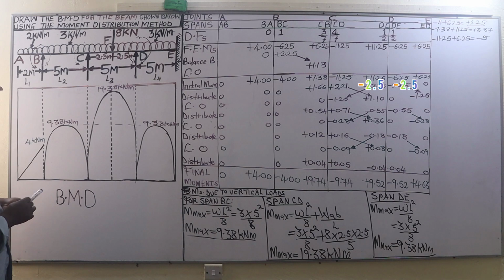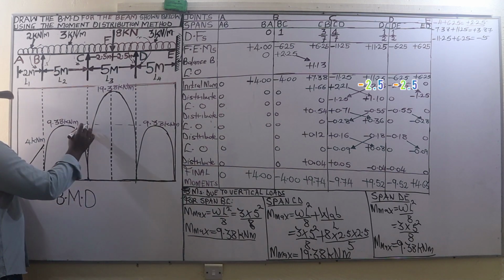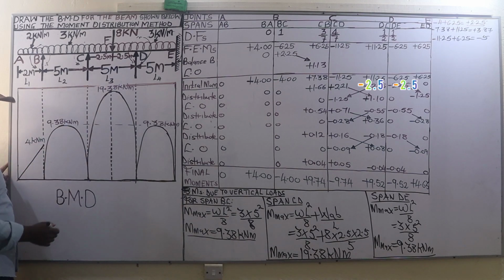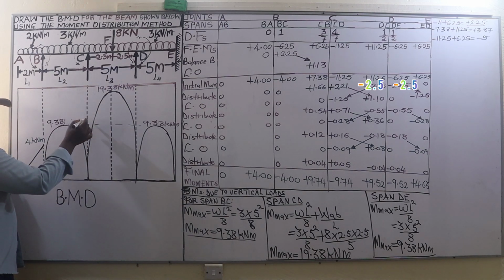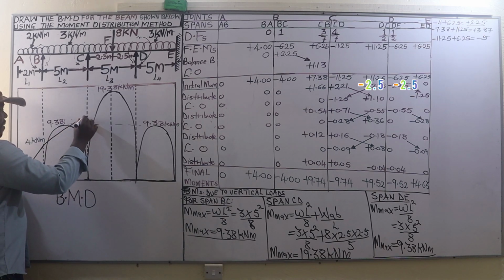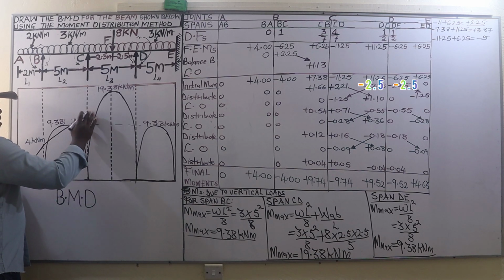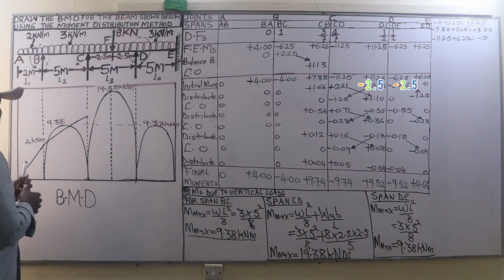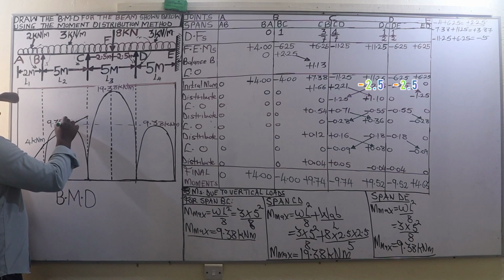And then the bending moment at C, that is 9.74. Few units above 9.38. So I'm going to join this to 4. Yep, I think that is awesome. So this is kilonewtons meter.